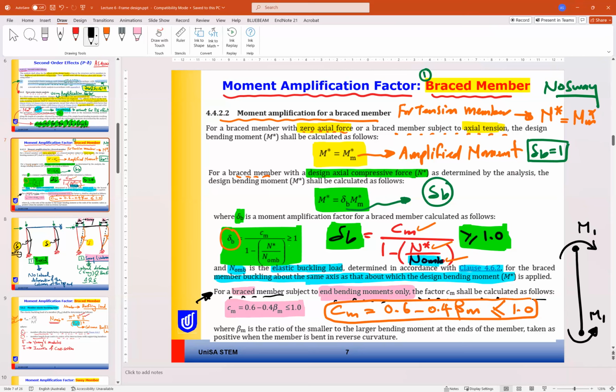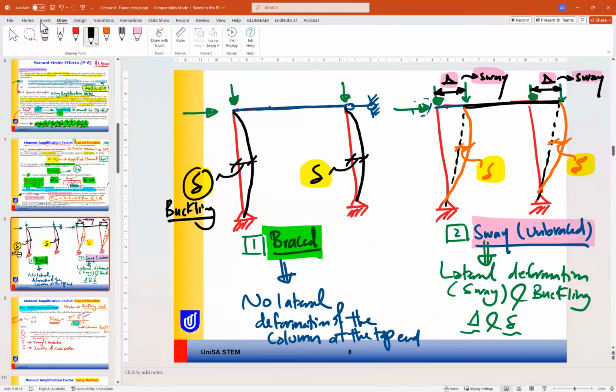Where beta M is the ratio of the smaller moment to the larger bending moment at the end of the member, taken positive when the member is bent in reverse curvature. So what does this mean?